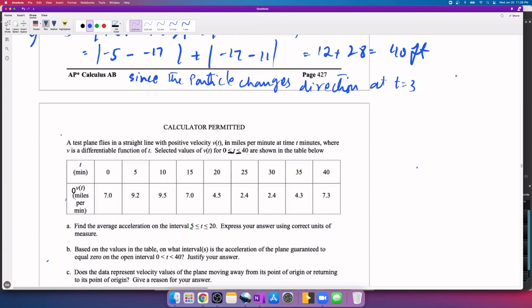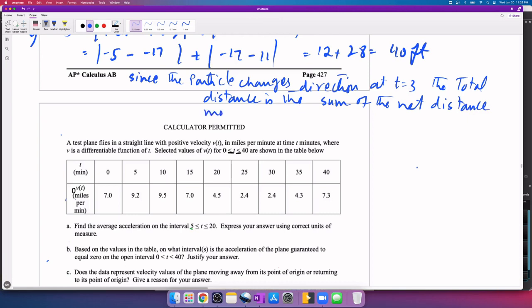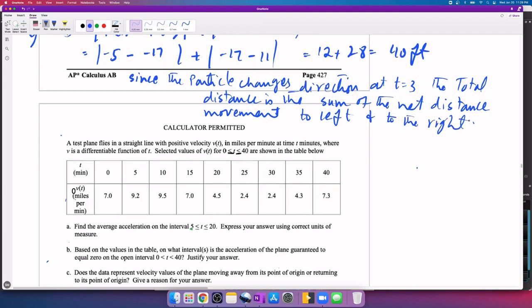The total distance is the sum of the net distance movement to the left and the net distance to the right. Yeah. So that's my explanation for that question.